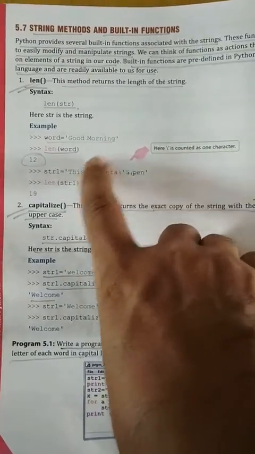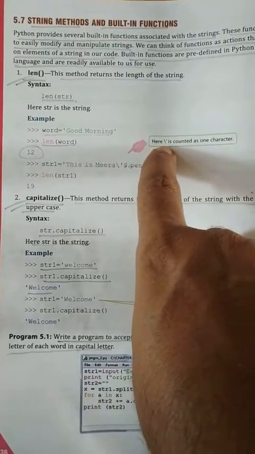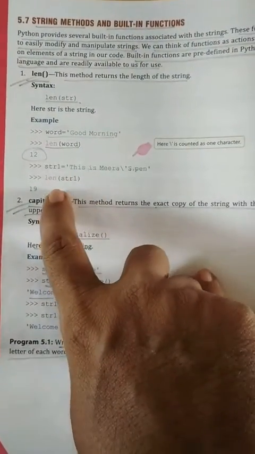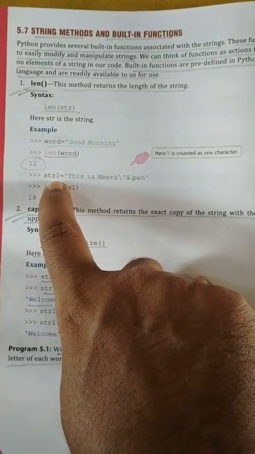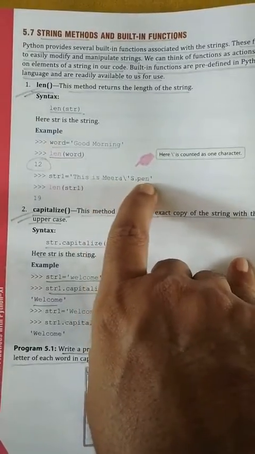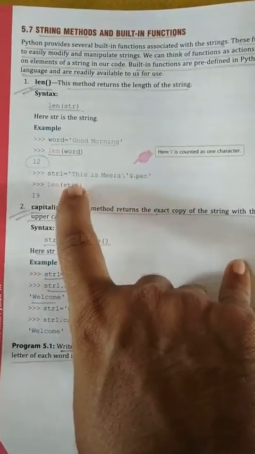Here slash is not given, but when it is given, slash is also counted as one character. A space is also counted as a character. Another string is str1. This is a variable. This is Mira's pen. Length of str1 is 19. How does it come?